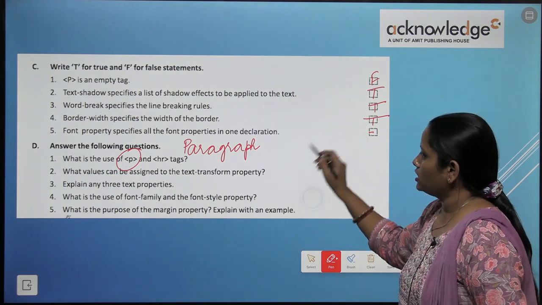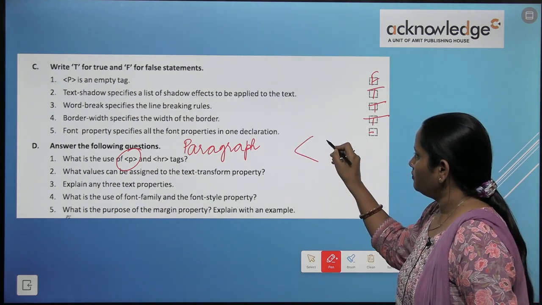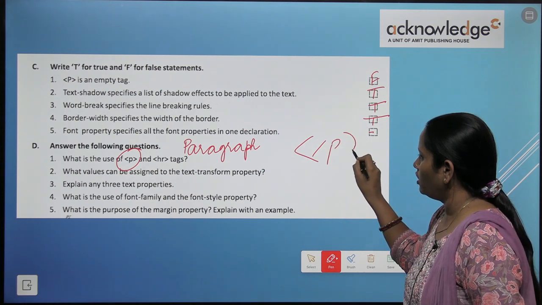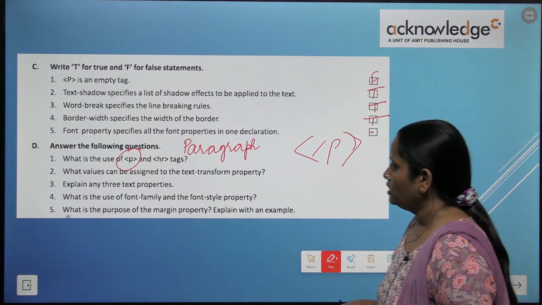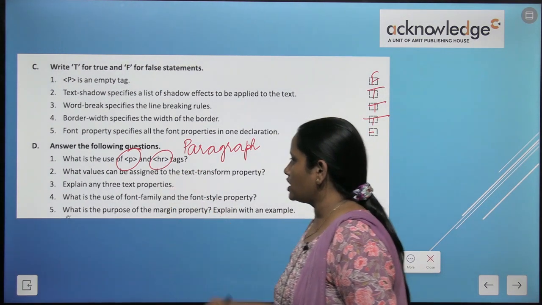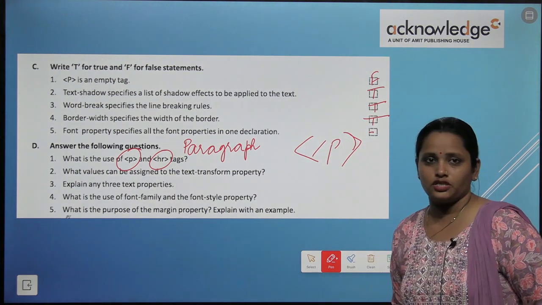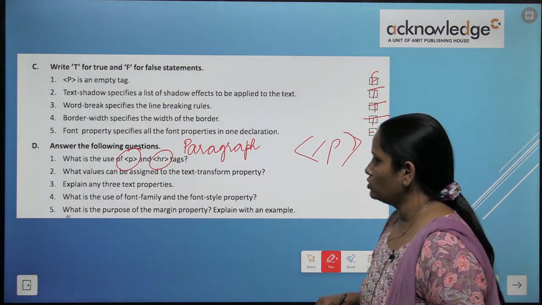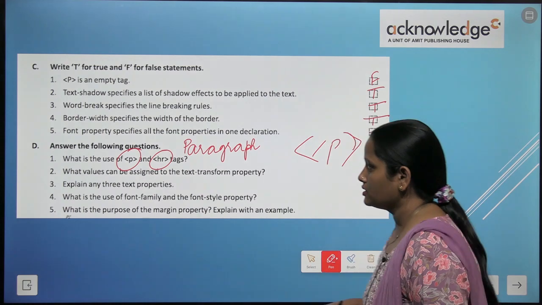We have to use the closing tag for this P. And next is this HR tag. It is an empty tag and it is used for writing down the headings.